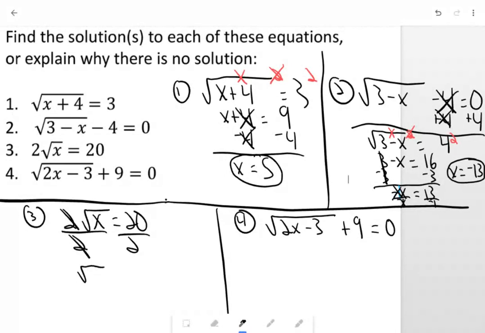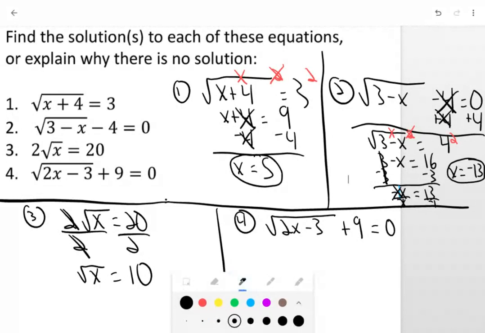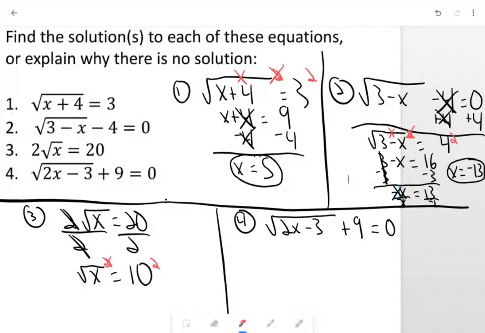So I end up with the square root of x equals 20 divided by 2, which is 10. Now I can go ahead and square both sides to get rid of the square root. And I end up with x equals 10 squared, which is 100.